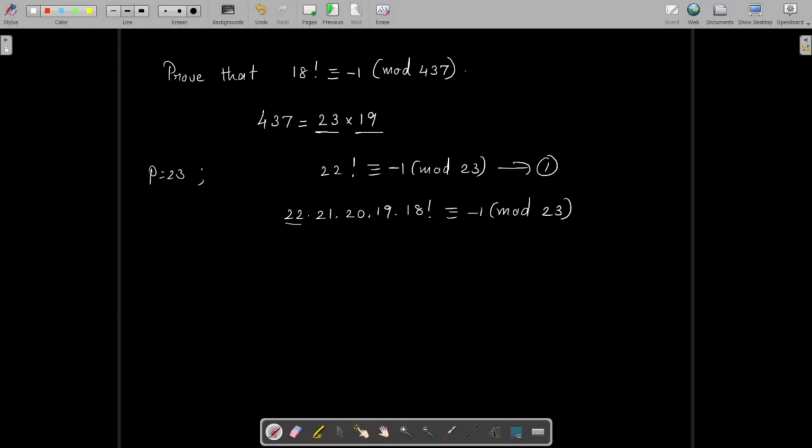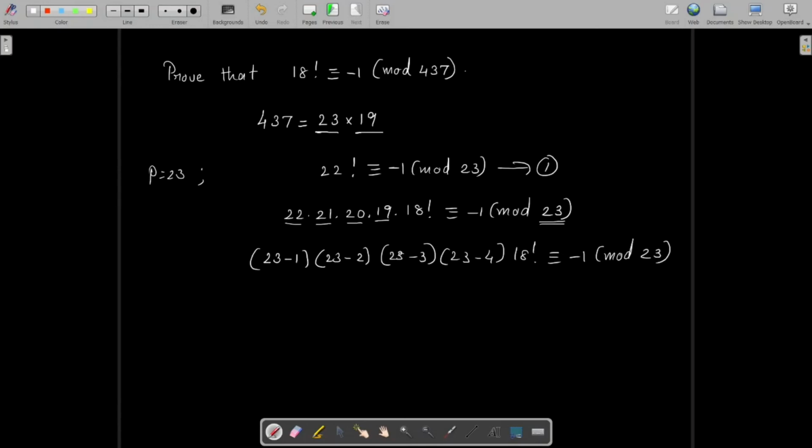Now we will express each of these digits 22, 21, 20 and 19 in terms of 23. So 22 can be written as 23 minus 1, 21 is 23 minus 2, 20 is 23 minus 3 and 19 is 23 minus 4, into 18 factorial is congruent to minus 1 mod 23.